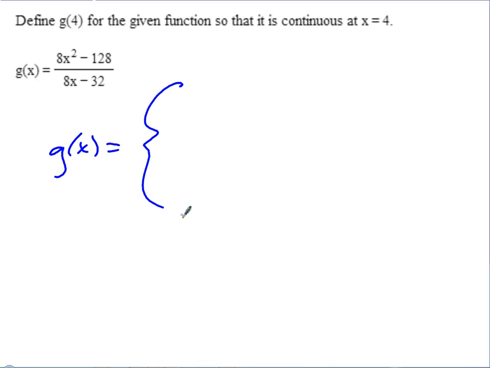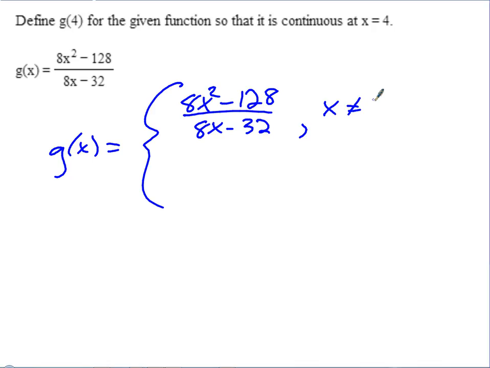We've got this piecewise function. We could define this as a piecewise function where one piece of the function is the rational function as presented. So it's 8x squared minus 128 over 8x minus 32. And that's going to be the function on the domain everywhere except 4.